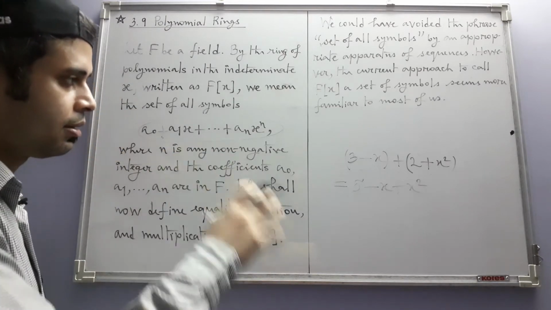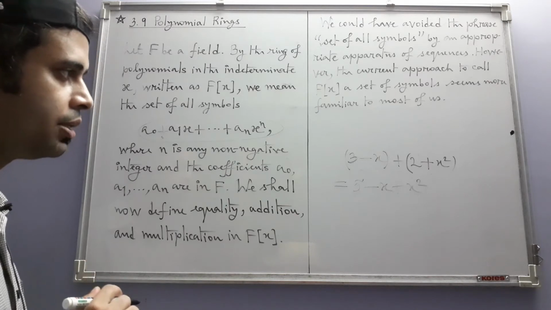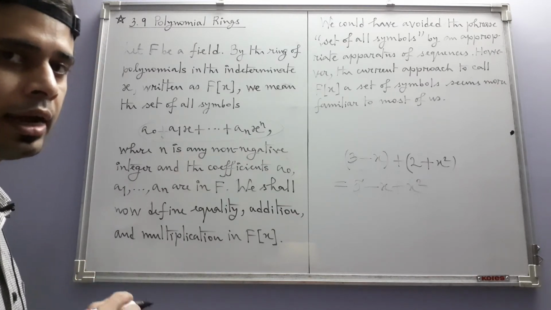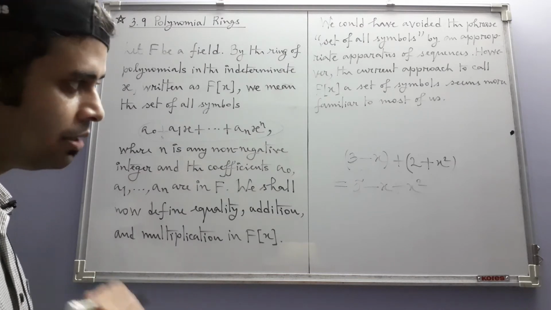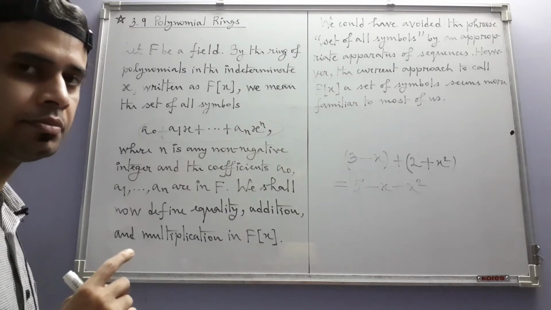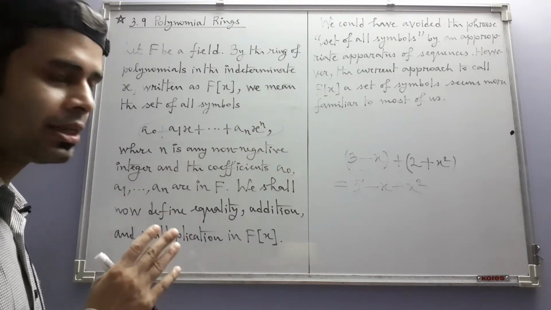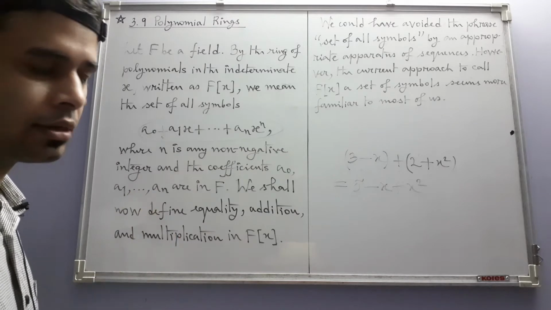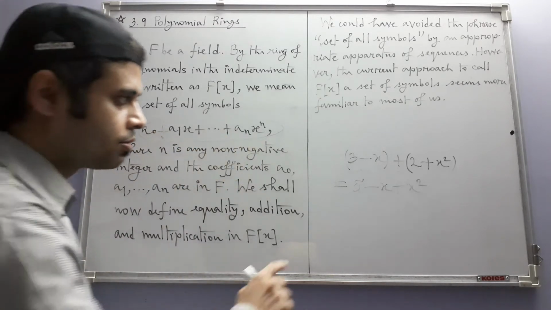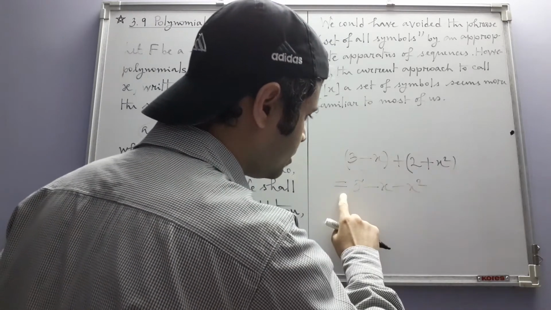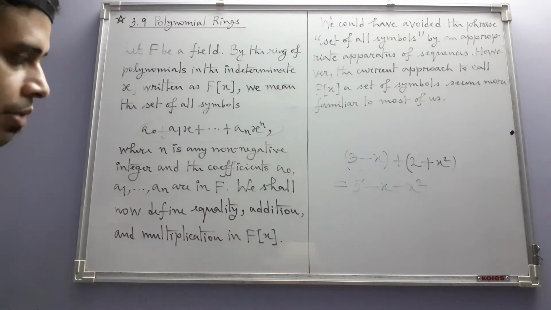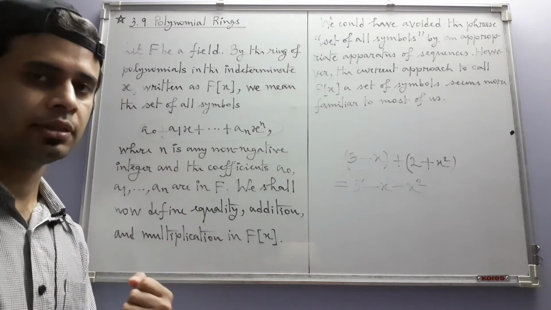Only after some time are we going to do something called evaluating a polynomial at a field element. When we do that, then x can be thought of as a field element, but that has not come yet. For us now, this is an abstract symbol. So the way we have always done these calculations, that is not justified. We have to properly define them.